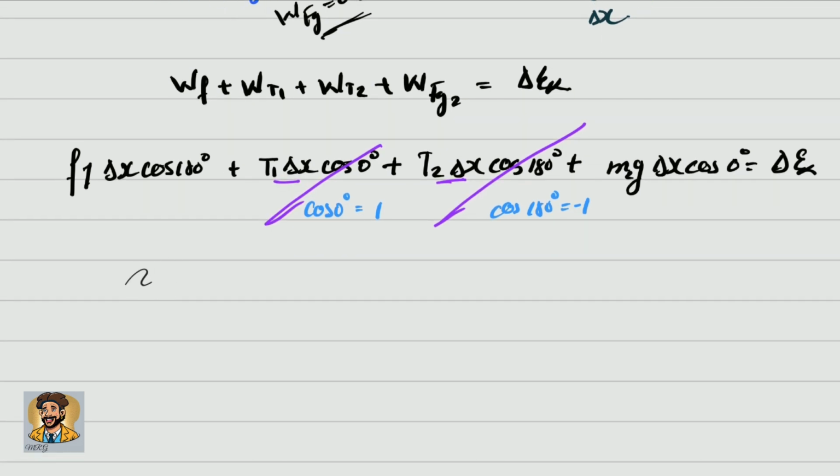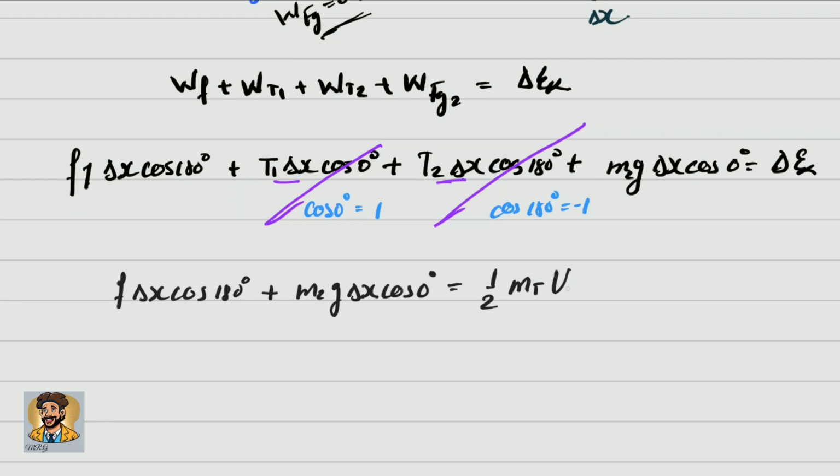We have friction multiplied by the displacement cosine of 180 degrees, plus the work done by the gravitational force on block 2, m2 g displacement cosine of 0 degrees, and this is equal to half the total mass, because both objects change in kinetic energy, final speed squared minus half the total mass initial speed squared.